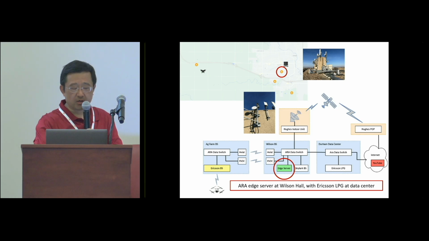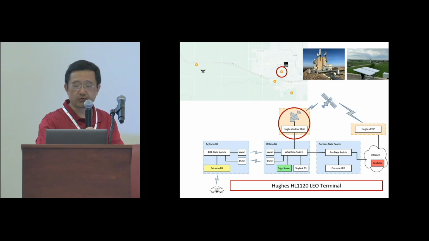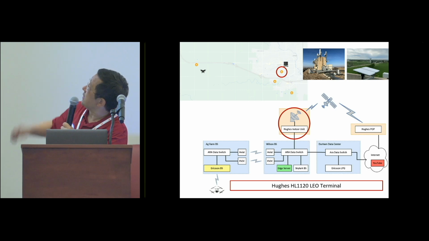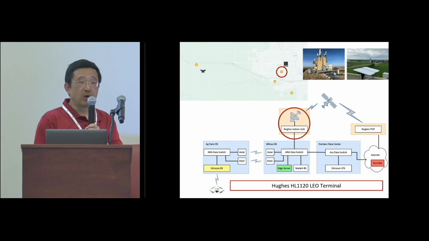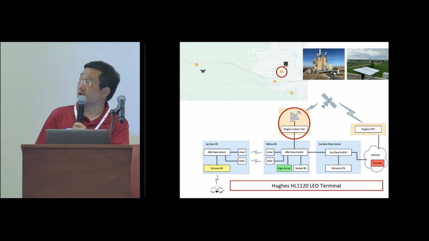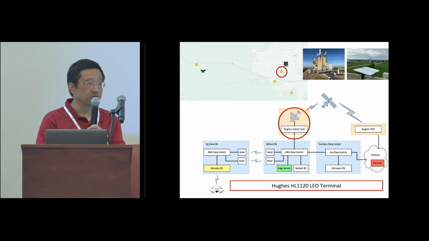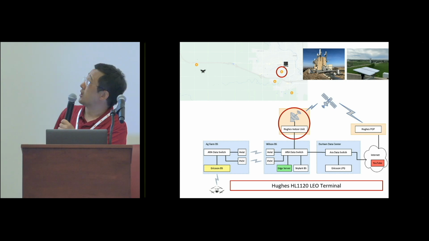Okay, so once the video stream reaches the edge server, it will go through the Hughes OneWeb satellite terminal. Thanks to Hughes' generous donations, we have this one set up and ready to serve as the backhaul as well, right?